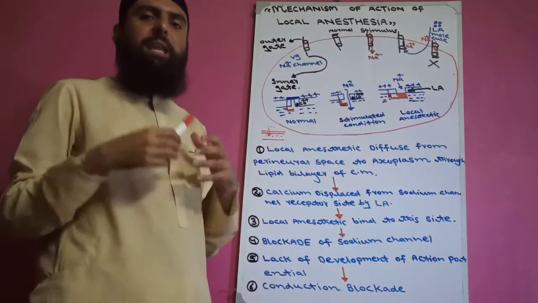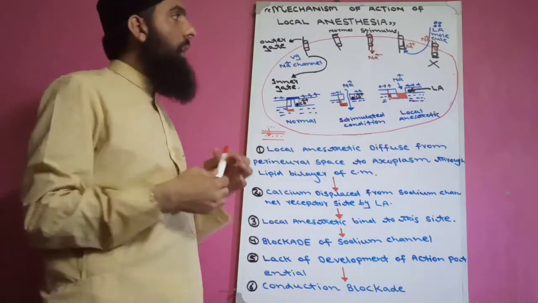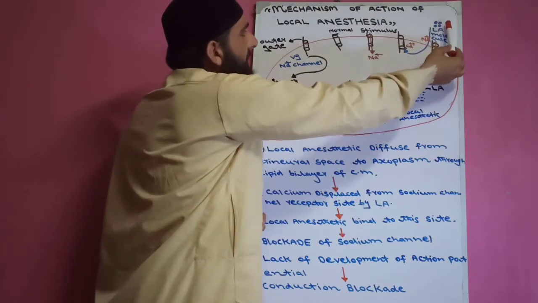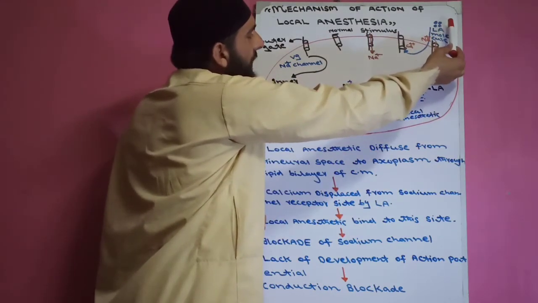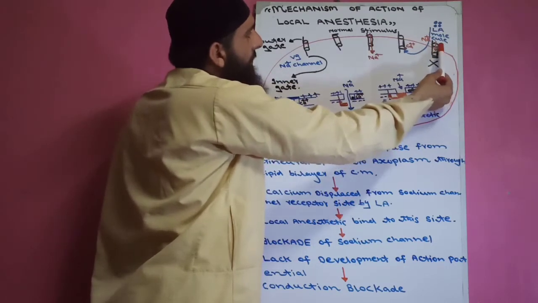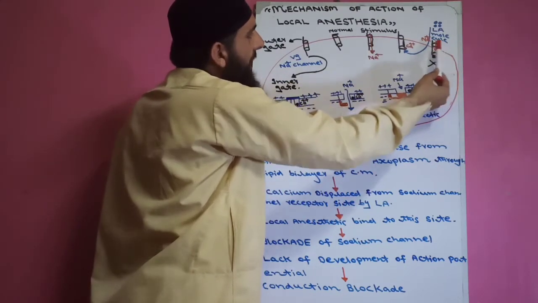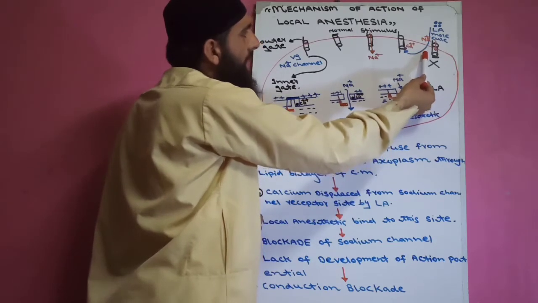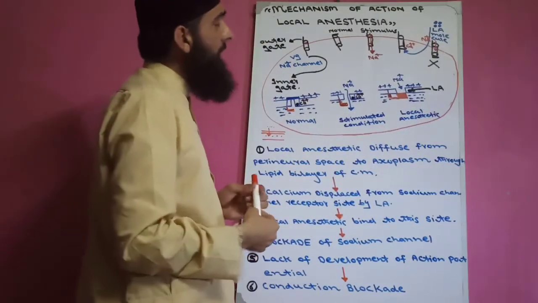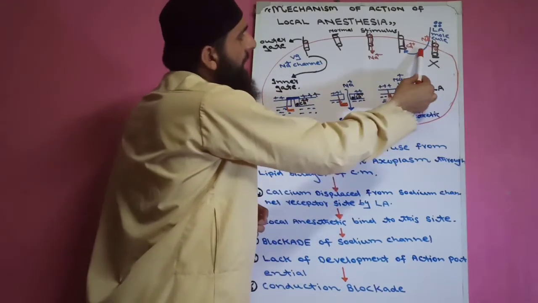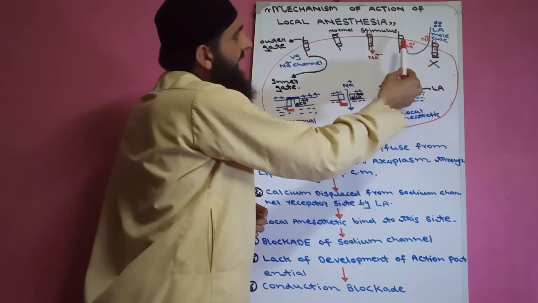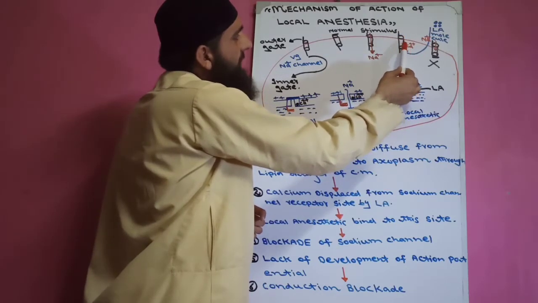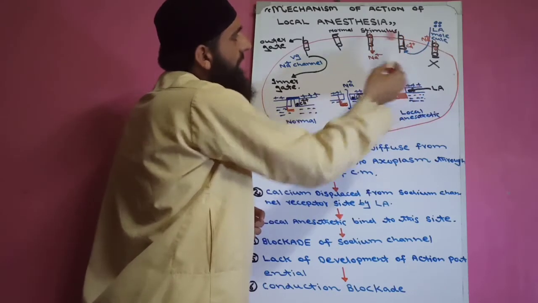Now, in case of local anesthesia, when we inject local anesthesia, from the injected site, the local anesthesia diffuses through the lipid bilayer of the cell membrane and comes to the cytoplasm of the neuron. When the local anesthesia molecule comes to the cytoplasm of the neuron, on the inner side of the sodium ion channel there is a receptor.